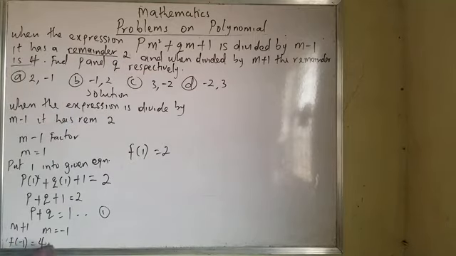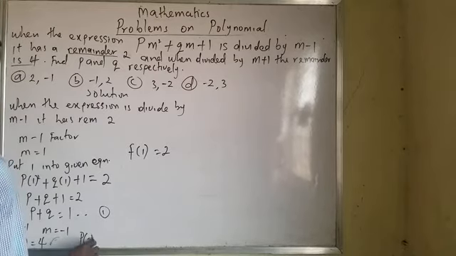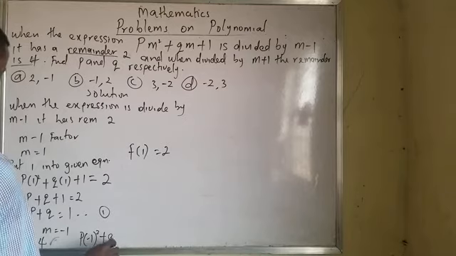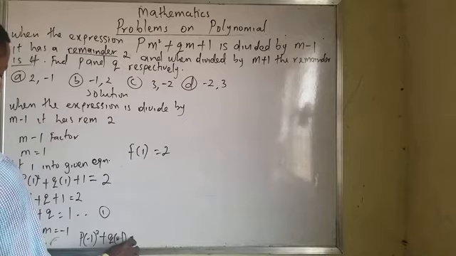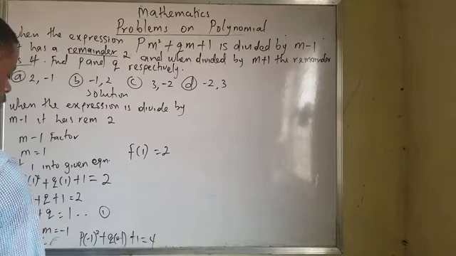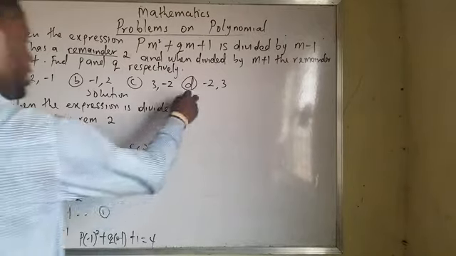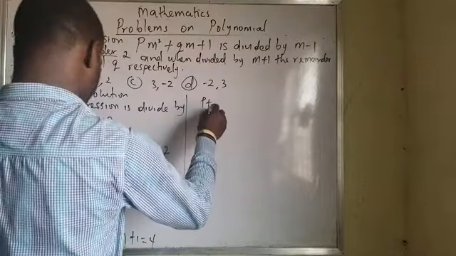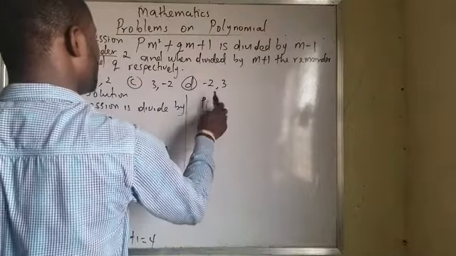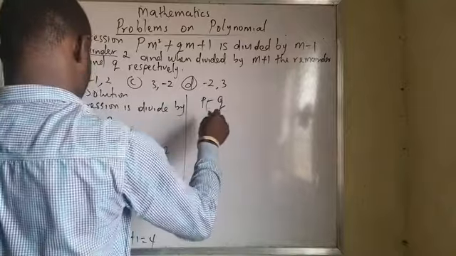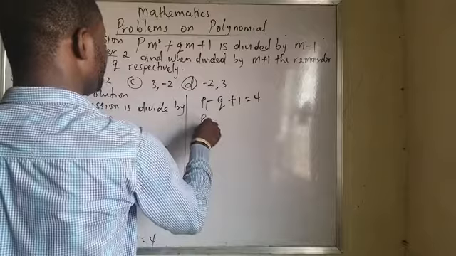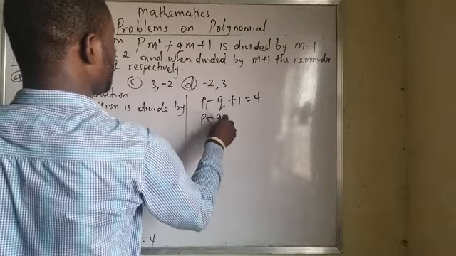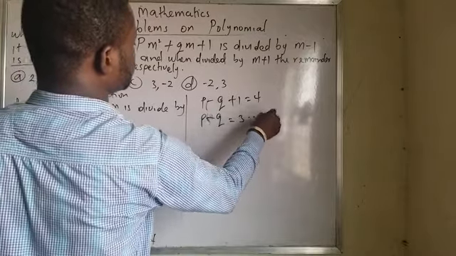Now, indirectly, it means I'm saying that p bracket of minus 1 squared plus q bracket of minus 1 plus 1 equals 4. So p minus q plus 1 equals 4, which gives p minus q equals 3, equation 2.